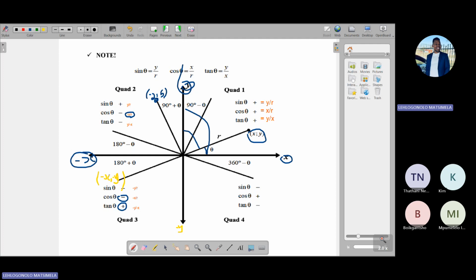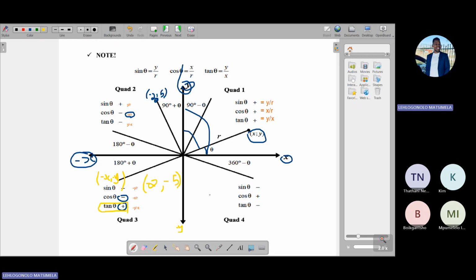For an example, take -2 for x and -5 for y. So this is x and this is y. We're going to have negative y, which is -5, divided by -2, which is negative x. The value is positive, because negative divided by negative gives us positive. That's how we get tan in this quadrant being positive.